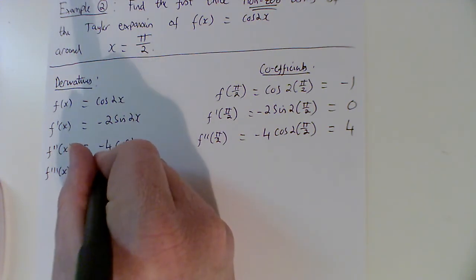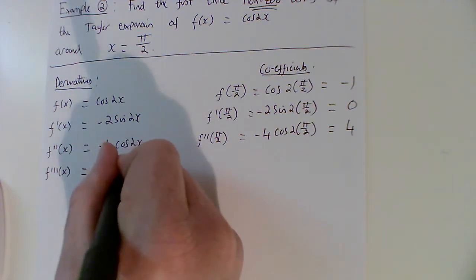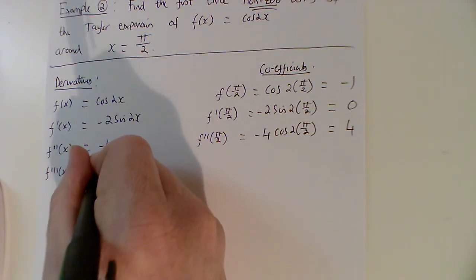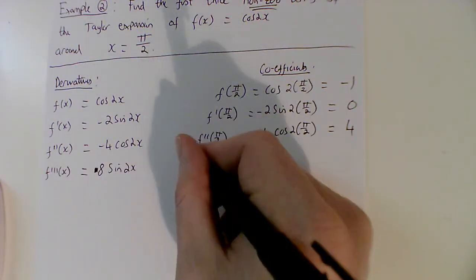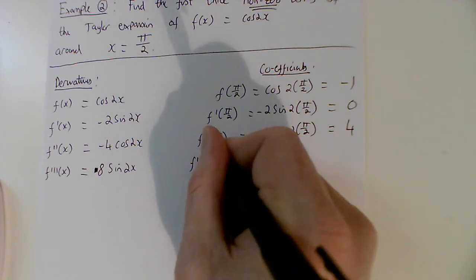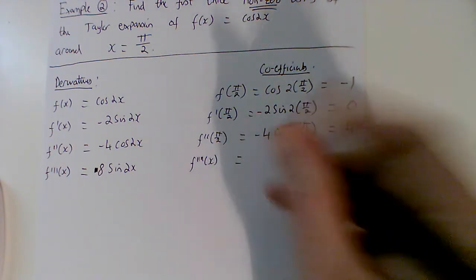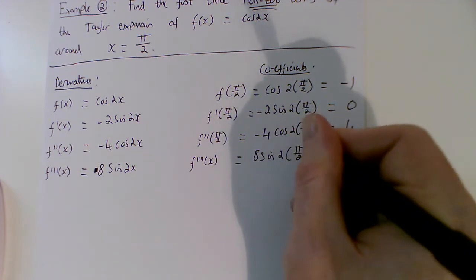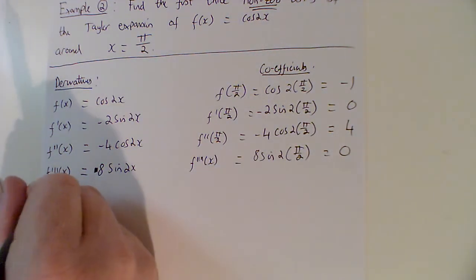This becomes positive 8 sine 2x. Just a positive there. So f triple dash x is 8 sine 2 pi by 2, which is 0.